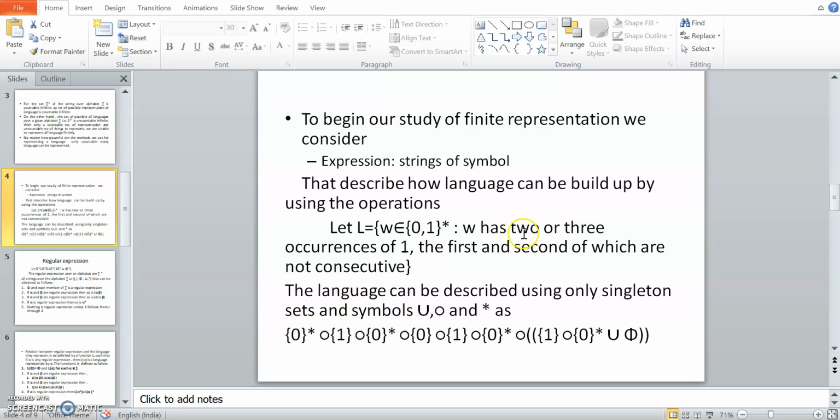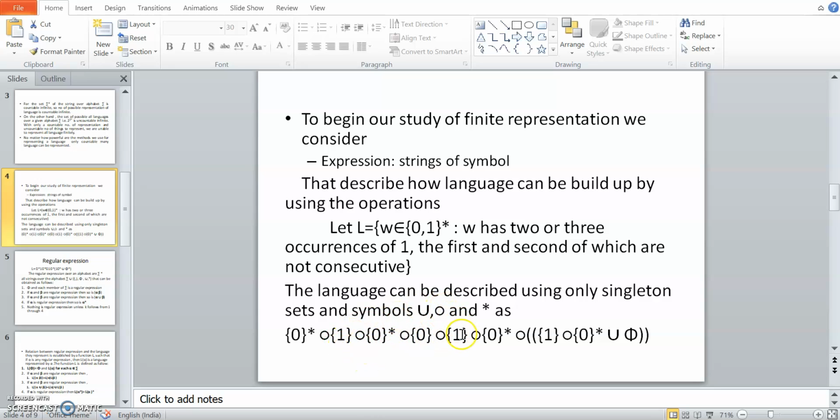We want 2 or 3 occurrences of 1. So there may be compulsory 2 or 3, so we need a union operation here. And again we need to make sure the first and second of which are not consecutive. That means they will be preceded and followed by 1. So first is any number of zeros followed by 1 and again any number of zeros, concatenated with this, which is the first occurrence of 1.